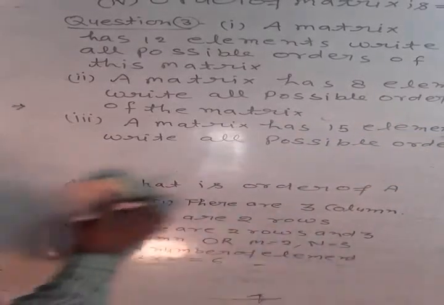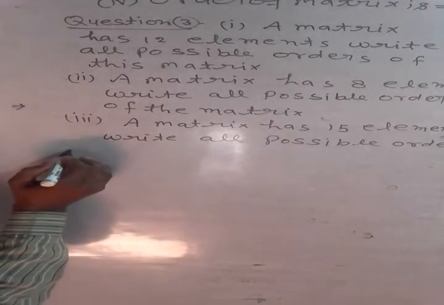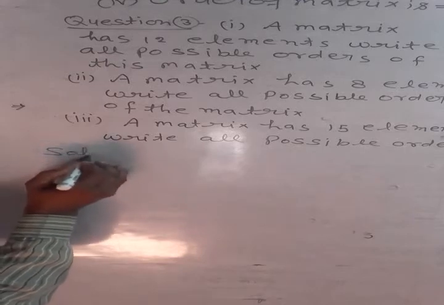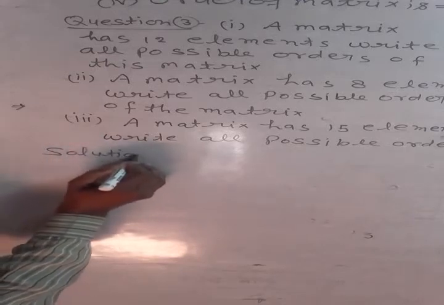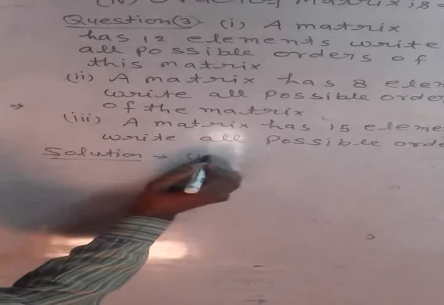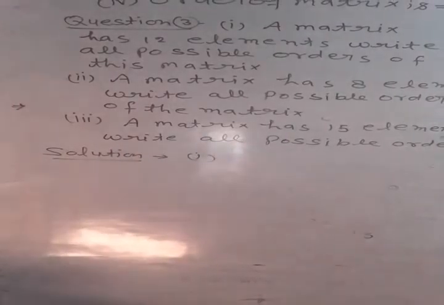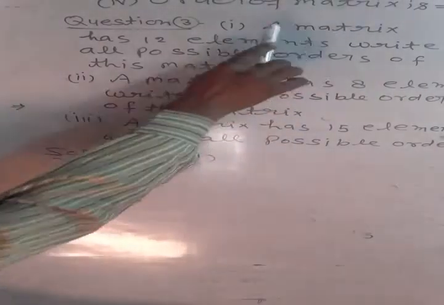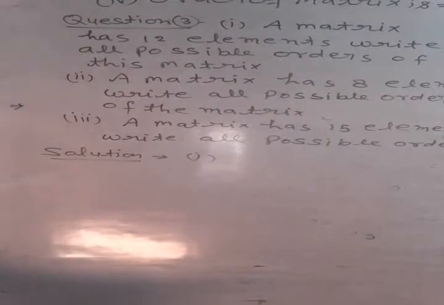Solution. First number, a matrix has 12 elements.